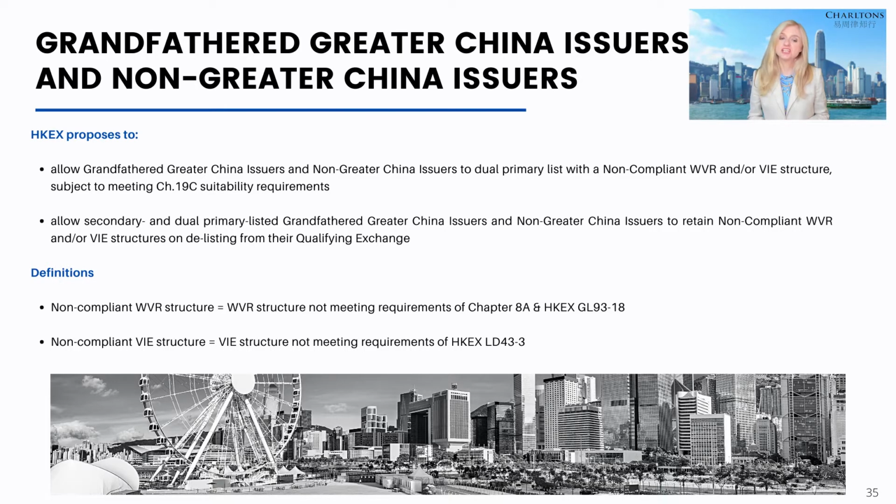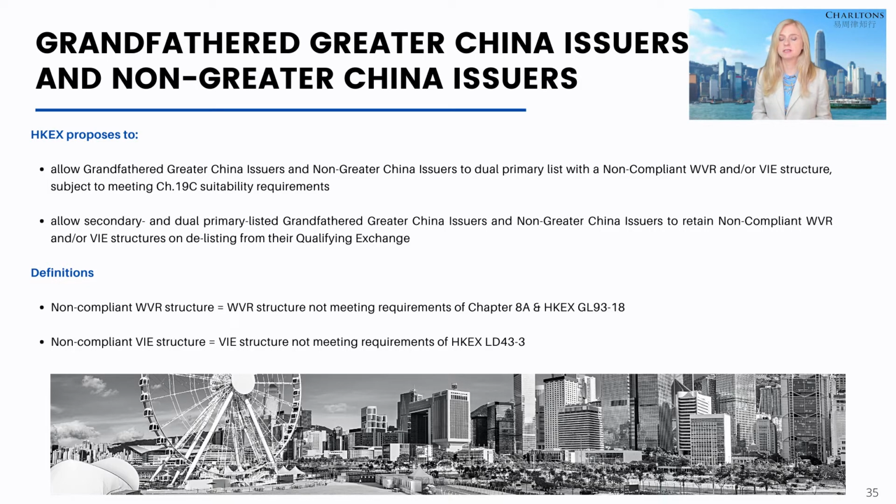The Hong Kong Exchange doesn't consider this proposal to expand the concessions available to those companies, since the listing rules already allow those companies to become dual primary listed while retaining non-compliant weighted voting rights and/or VIE structures via the two-step route. However, these companies will be required to comply with the suitability and eligibility requirements of Chapter 19C, despite the fact that they are applying for a dual primary listing.